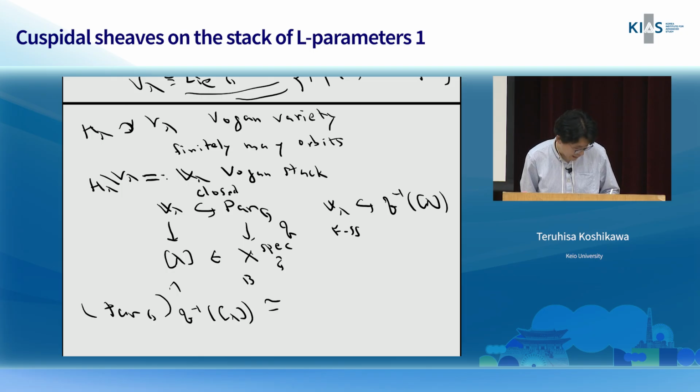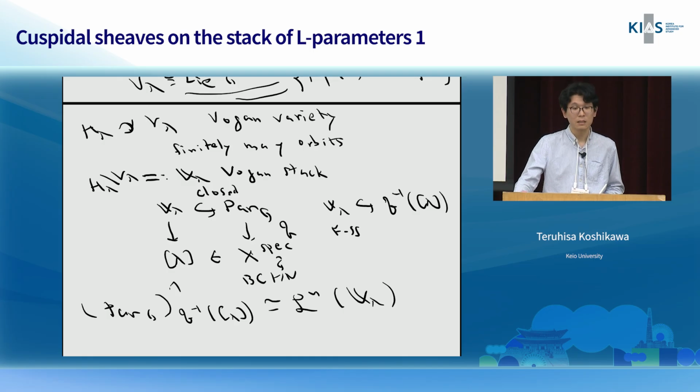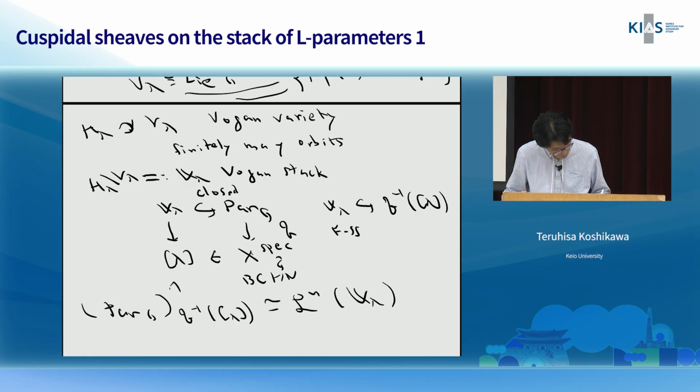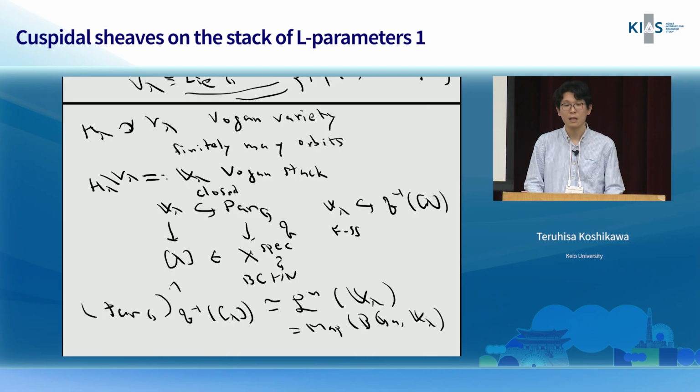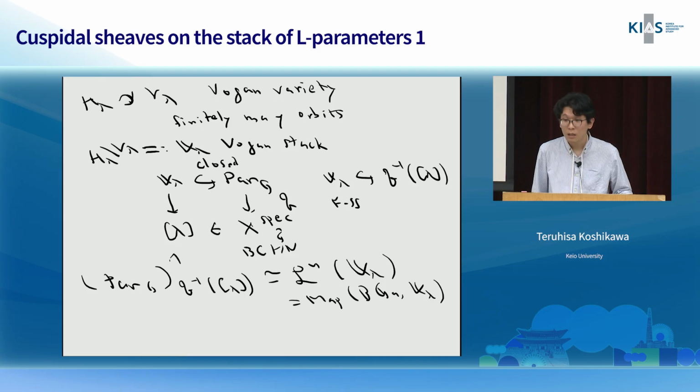I basically learned this from Ben-Zvi and others, but maybe not super explicit in this way. This space is a unipotent loop space of the Vogan stack. This is a unipotent loop space, and a mapping stack from BGA, but it's not important.